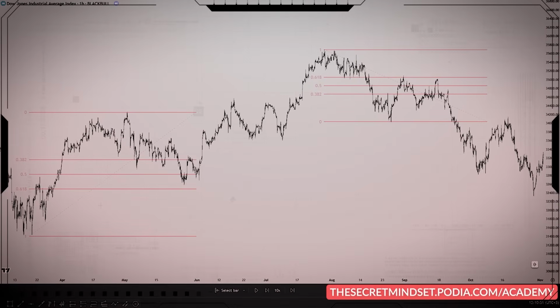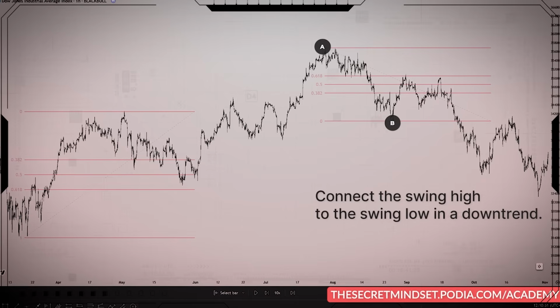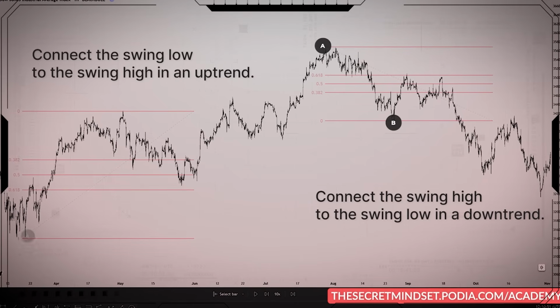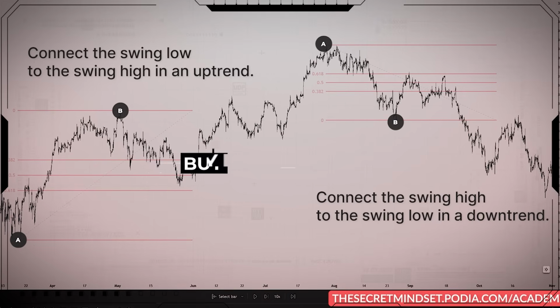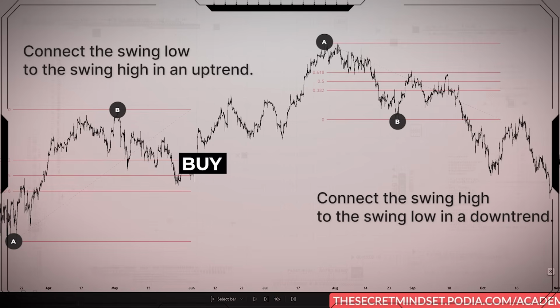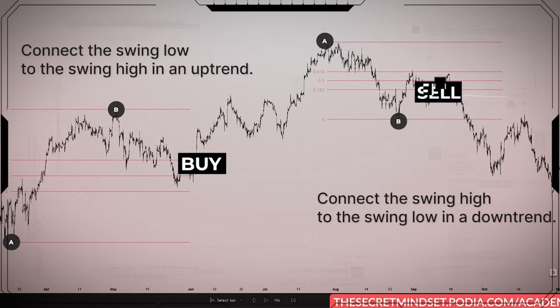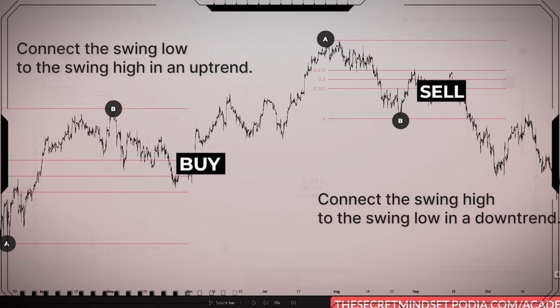Then, you use the Fibonacci tool to connect the swing high to the swing low in a downtrend, or the swing low to the swing high in an uptrend. The idea is to buy when the price retraces to a Fibonacci support level during an uptrend, and to sell when the price retraces to a Fibonacci resistance level during a downtrend.